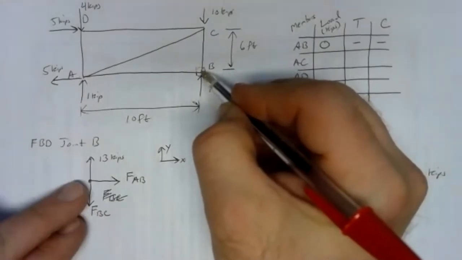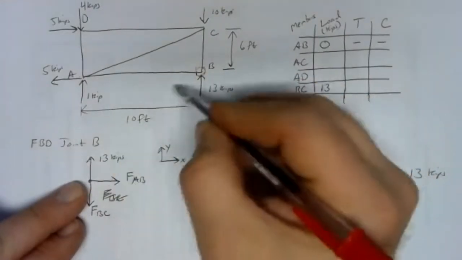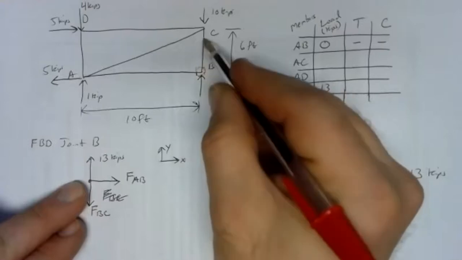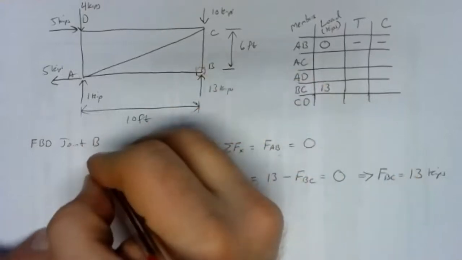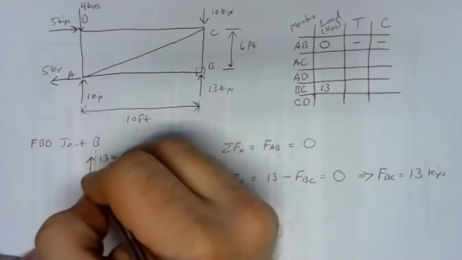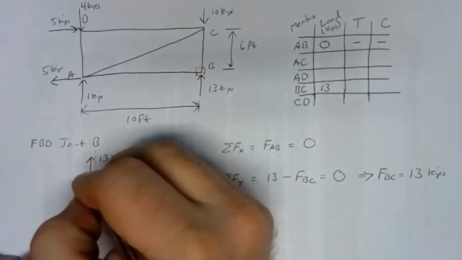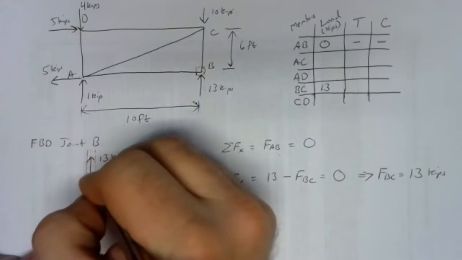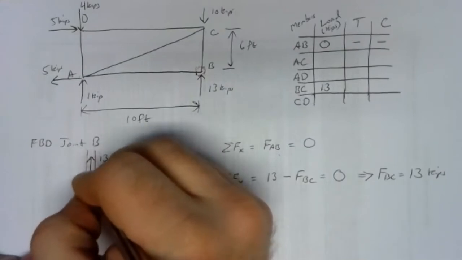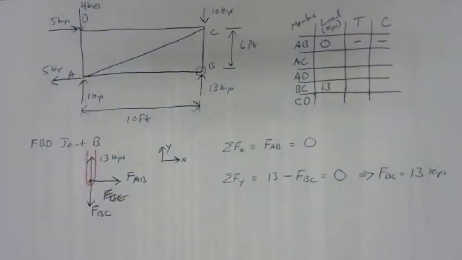Joint B is here. So it's at the center of our free body diagram. Member BC is above joint B. So I'm going to come down here and I'm going to sketch in member BC. So there in red is member BC.